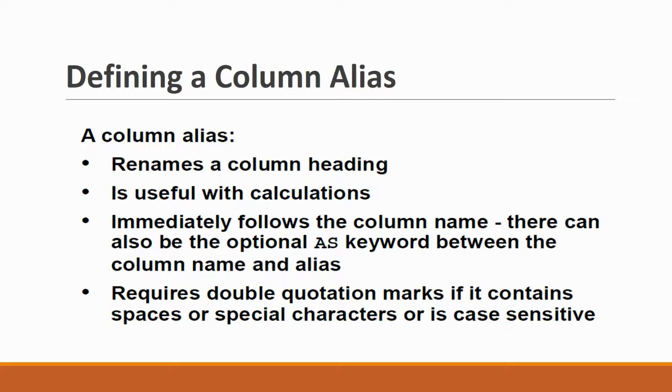You specify the alias after the column in the select list using a space as a separator. By default, alias headings appear in uppercase. If the alias contains spaces or special characters, or is case sensitive, enclose the alias in double quotation marks.